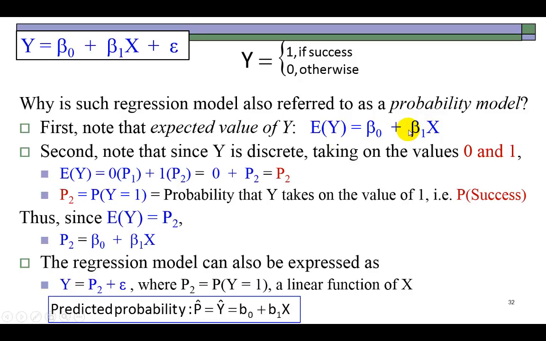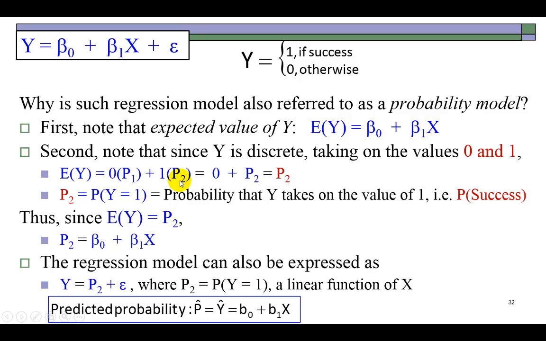That's what this is. Now, secondly, note also that y, by its nature here, is a discrete variable because it takes on the specific values of 0 and 1. And therefore, we can use the expected value definition for a discrete random variable, which is a weighted average of the outcomes, where each possible outcome is weighted by its corresponding probability, as I show here.